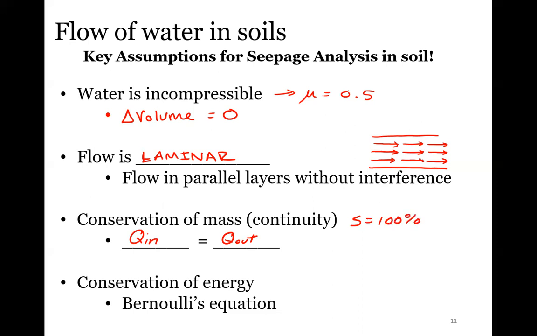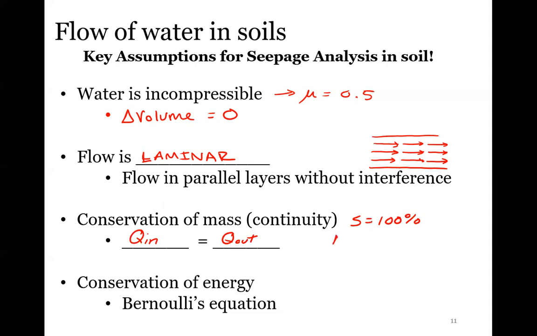Because if we didn't have saturation at 100%, that would mean that there would be air voids in our soil, and any water coming in could get trapped in those air voids and not subsequently leave our soil. So when we have a saturation of 100%, all the water flowing in is going to flow out. It's like having a cup of water that is completely full and then pouring more water on top of it. That water has nowhere to go. It has to flow out of our cup.